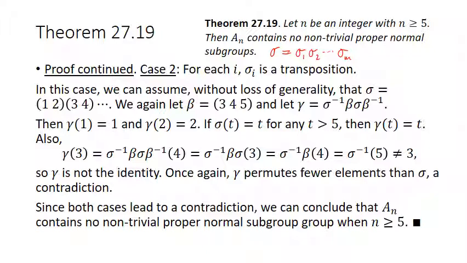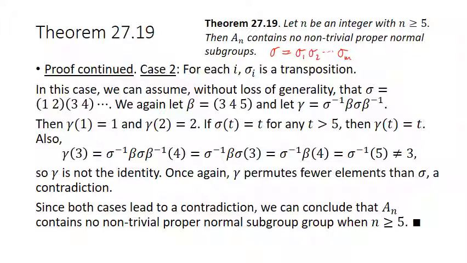And if sigma of t equals t for any t greater than 5, then gamma of t is also going to equal t. That's because beta would not be moving that value of t, because it's not one of the things that beta moves. And if sigma also does not move t, then neither sigma nor beta is going to move it, so gamma will also not move t.